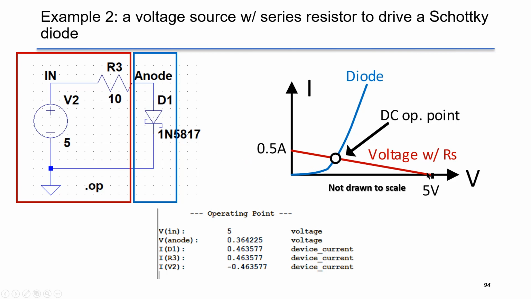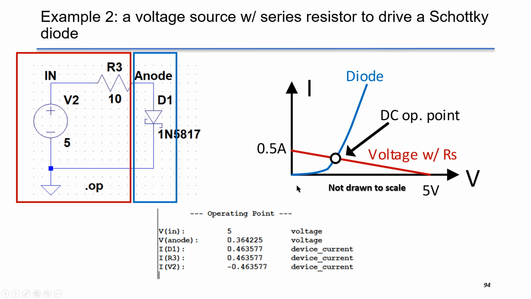This red line is for this voltage source with 10 ohm series resistor. The blue line, which is nonlinear, gives the IV characteristic of a diode. In this case, the DC solution is simply the intersection of these two IV characteristics. And LTspice gives the operating point as shown here.